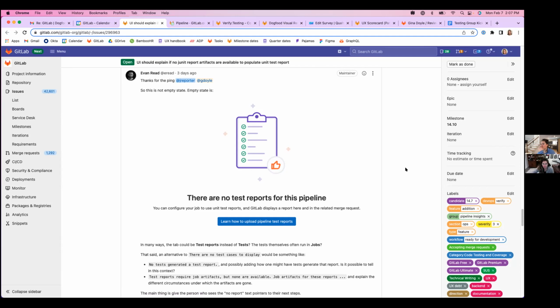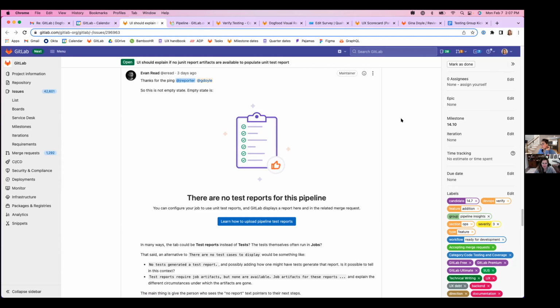I think it's a general empty state graphic. I don't know if he is actually saying that we need to create a test report in this case. Oh, okay. Like he's explaining the pattern of an empty state inside of our platform. So I think that's what he was saying.